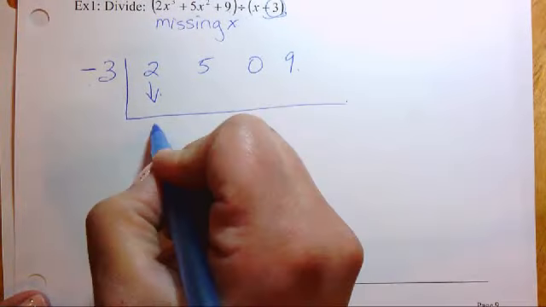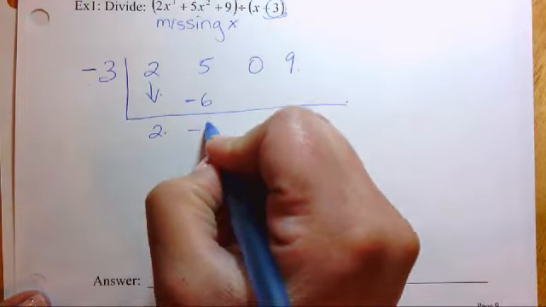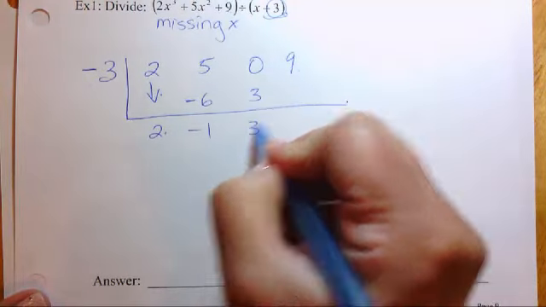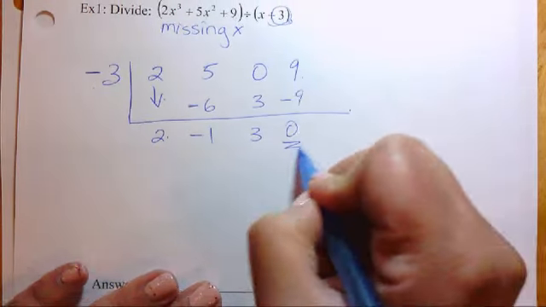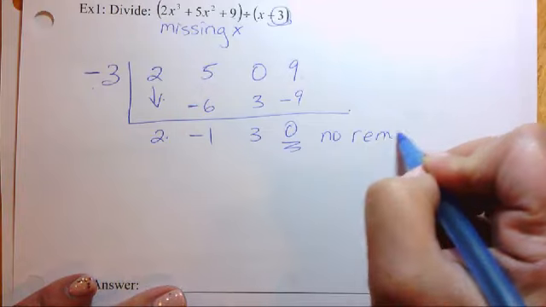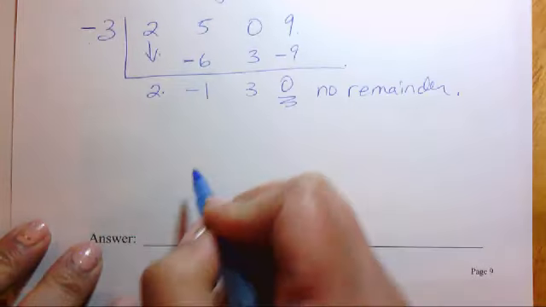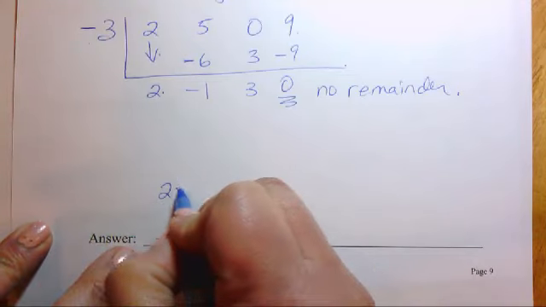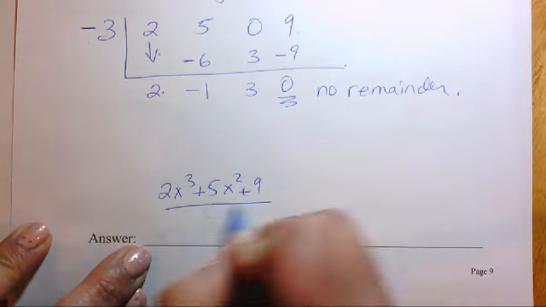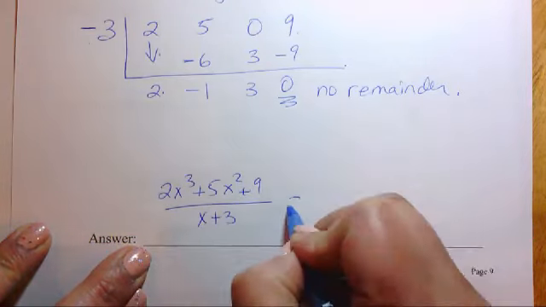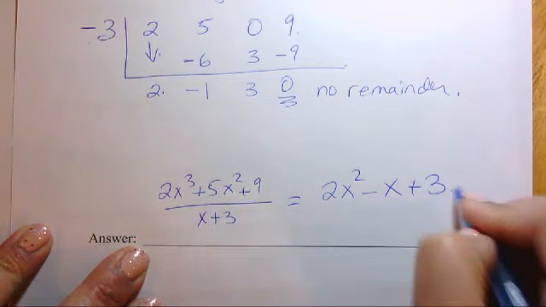Okay, so now I'm back. I'm just going to quickly run through this. Okay, so this one, since this is 0, this has no remainder. All right, so our answer we can write like 2x cubed plus 5x squared plus 9 over x plus 3 is equal to 2x squared minus x plus 3.